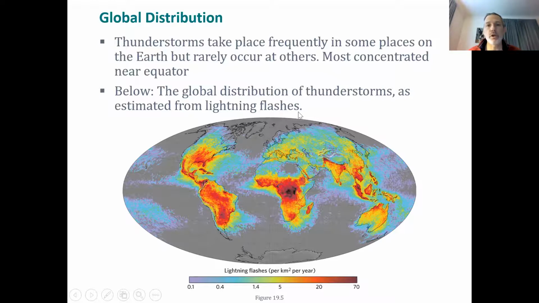Up in the northern regions here, we have very little lightning because the air is so cold, there's not much moisture in the air to begin with. And if there's not much moisture to begin with, that's a real clue that we're going to need moisture in order to create these lightning thunderstorms.